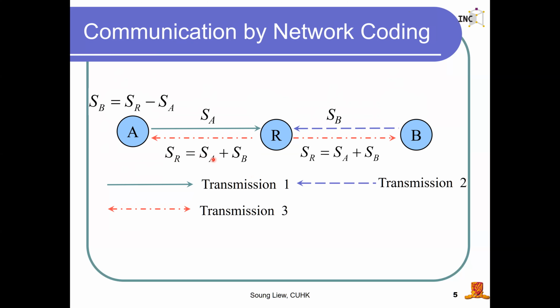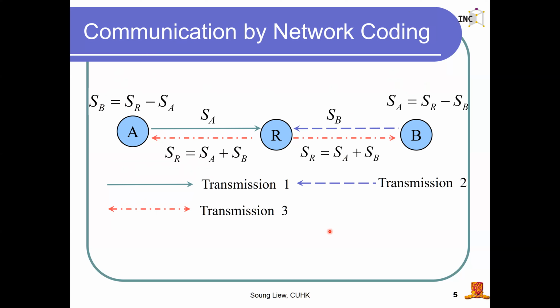If you subtract SA from it, which A already knows because this is its own message, it can get the message from the other side. Same thing with B. When B receives SR, it can subtract SB from it in order to get the message from the other side. With network coding, you reduce the number of transmissions you need from 4 to 3.